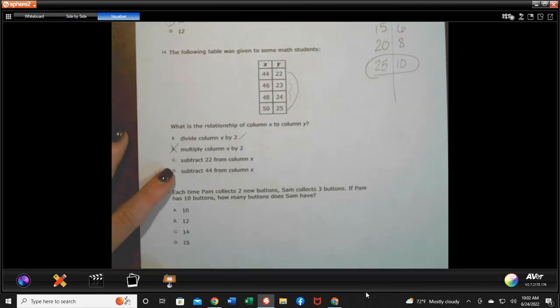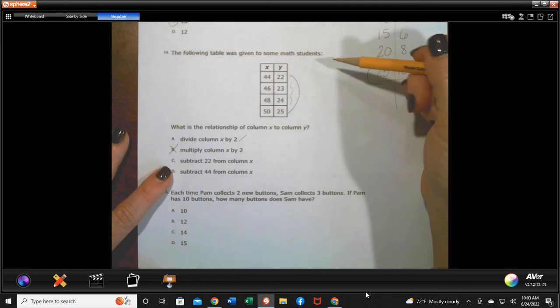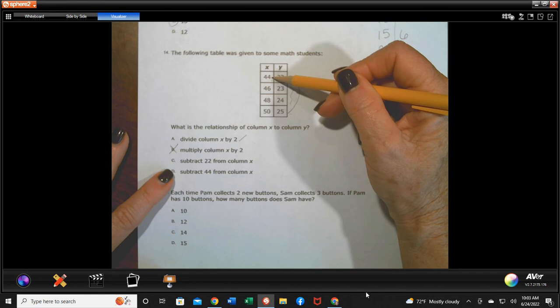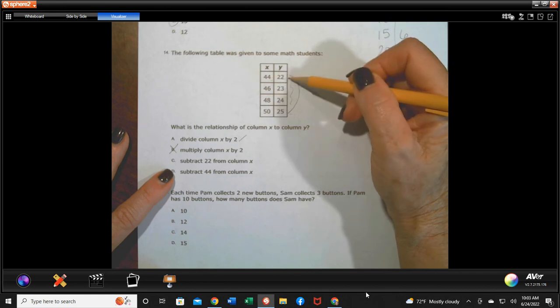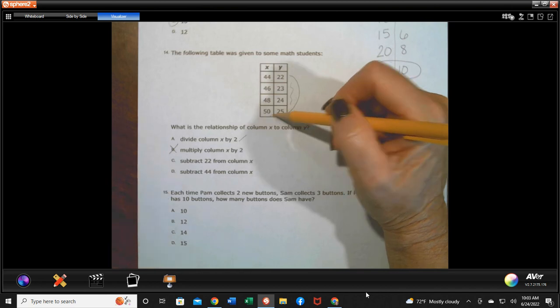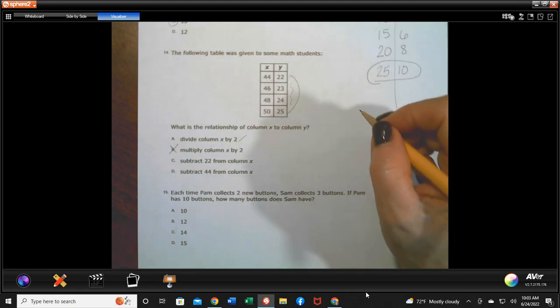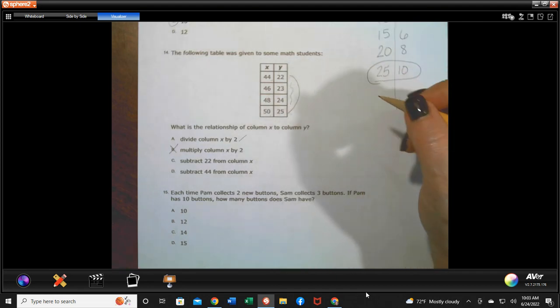All right, now some people pick C. C doesn't work for all terms, even though it works for the first term. I can subtract 22 from 44 and get 22. But if I subtract 22 from 50, I don't get 25, do I? All right, 50 minus 22 is 28.